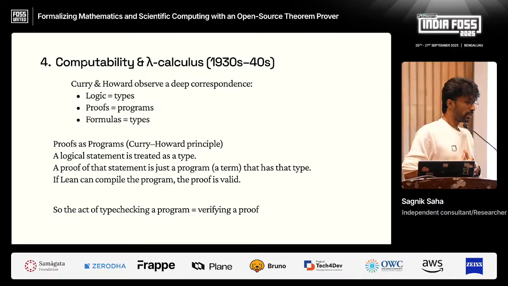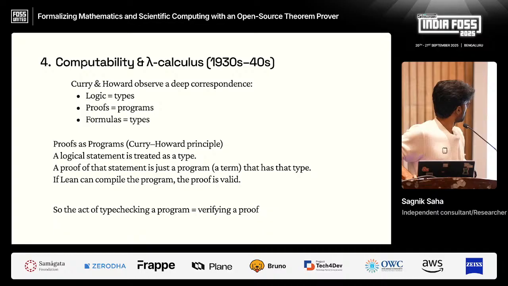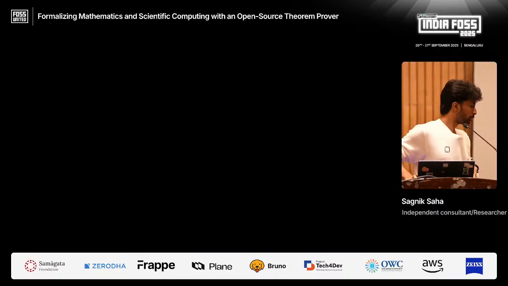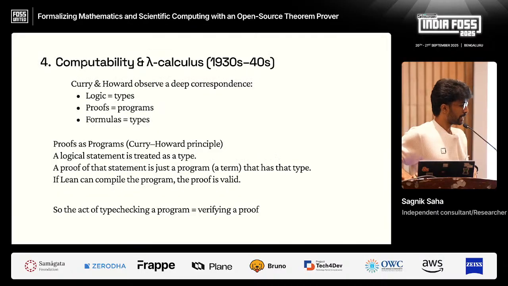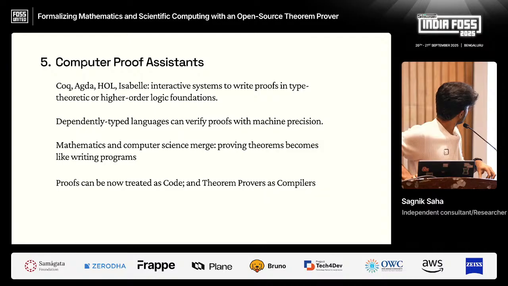So Lean is an open source functional programming language that helps us complement all of this theory. There were a lot of proof assistants that came up during the early days.